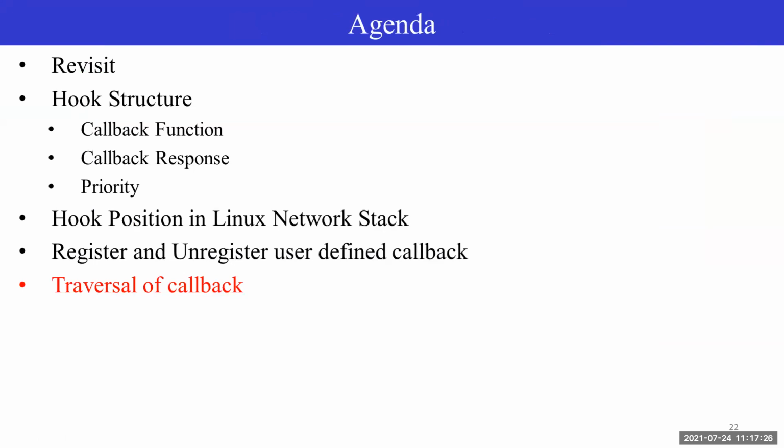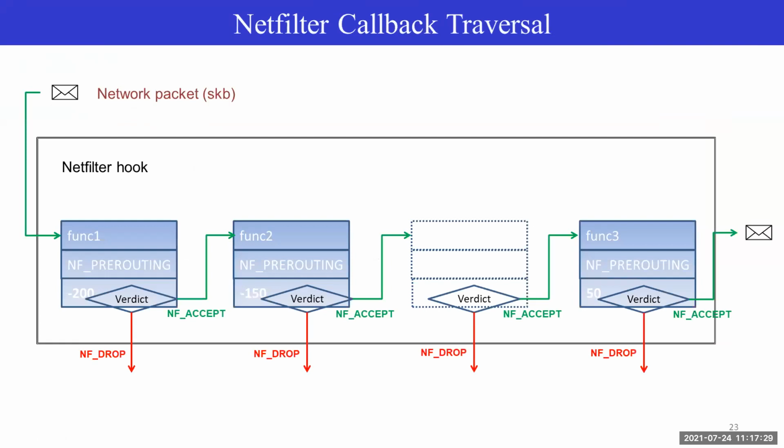Now let us check the traversal of the callback. As we have already mentioned, if the packet is entering the network hook, say here we have given the example of the pre-routing hook point, and we are expecting, say, four or maybe more callback routines. If any of the callback routines in the chain returns the action NF drop, then the packet will be dropped and all the resources will be freed.